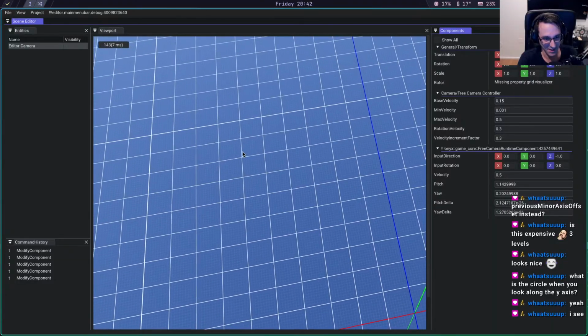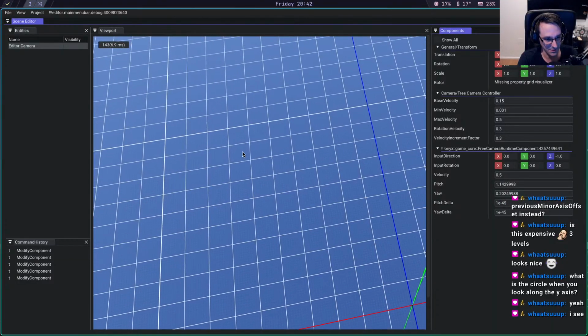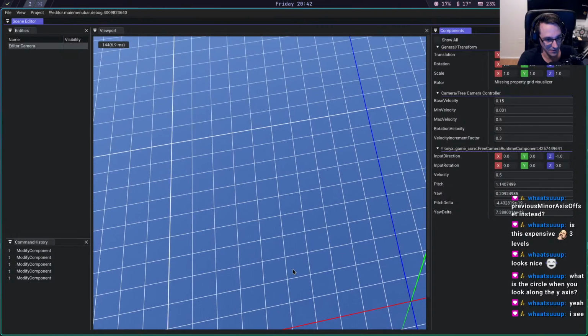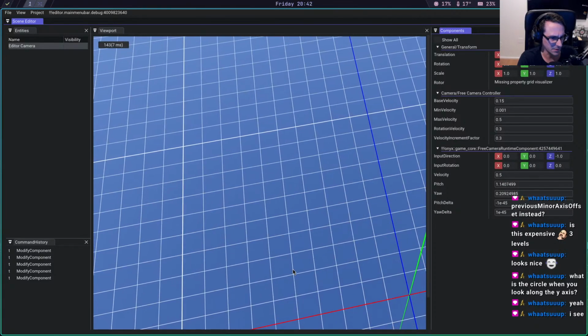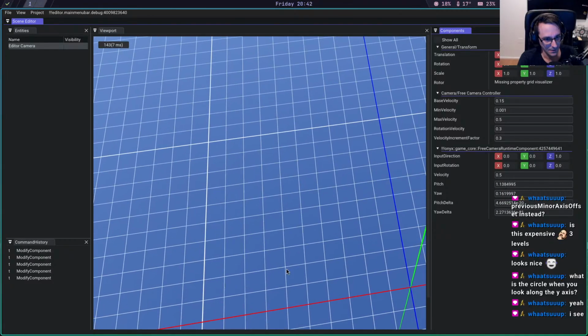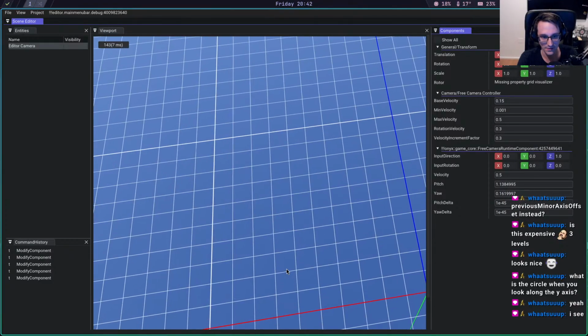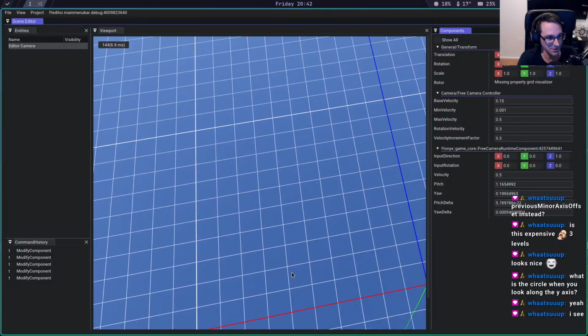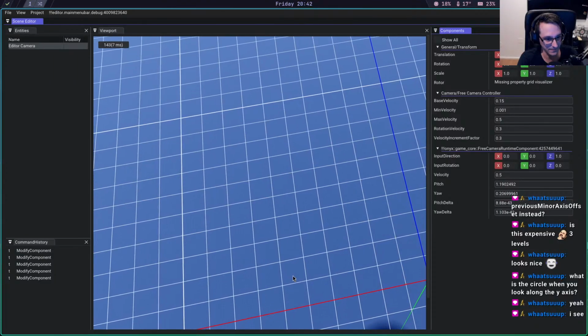Yeah, they are scaling up a little bit. I don't know if it's easy to see. And now we scale out the grid and it's barely visible, and now it's gone. Yeah, that's pretty cool. I think that's really nice. And then if we get close to 10,000 again, it slowly fades in.